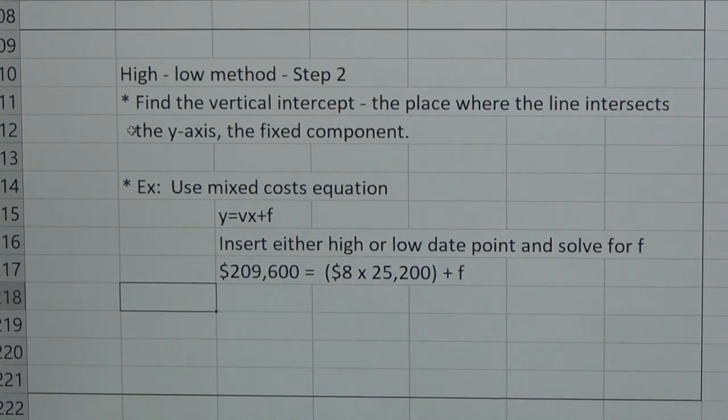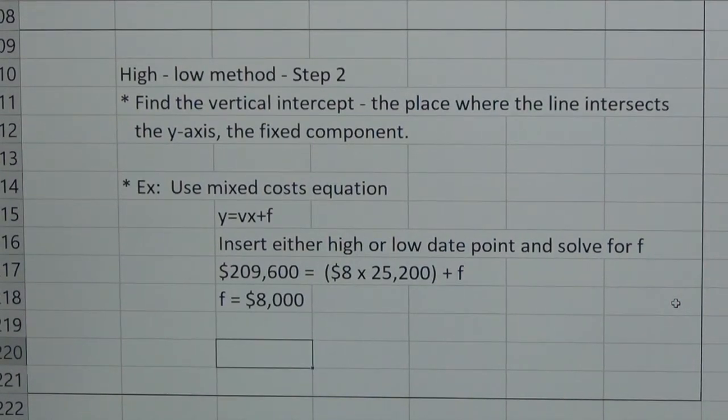So in our previous data, we know that our total costs were 209,600. We know our variable portion is $8. We solved for that in our first step. And $8 times the 25,200 units plus the fixed cost is going to be our total cost. So we'll solve for F. In this case, F is going to be equal to 8,000.